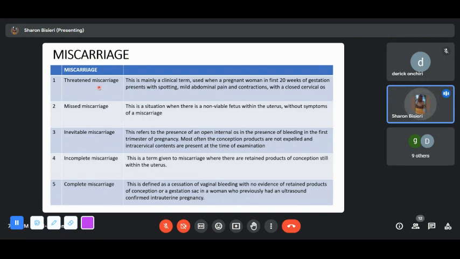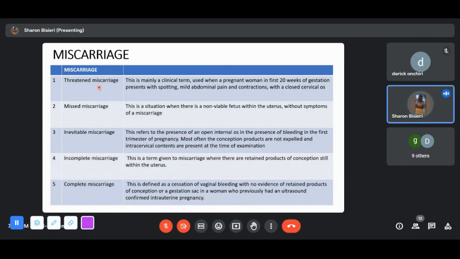So for threatened miscarriage, that's a term that is used when a woman in the first 20 weeks of gestation presents with spotting, mild abdominal pain, or contractions, with a closed cervical os, but the pregnancy itself is viable.